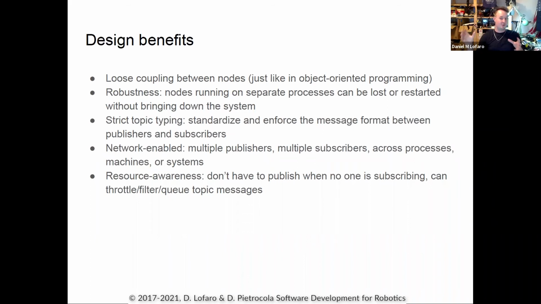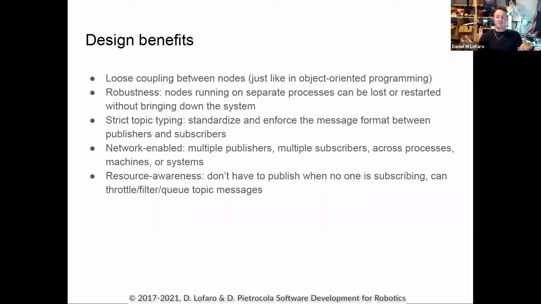So you make one joint controller, but you have 40 joints, so there are 40 separate processes, right? The topics are strictly typed, so it helps you standardize the format. It helps you adhere to your contract. Contract. Very important.